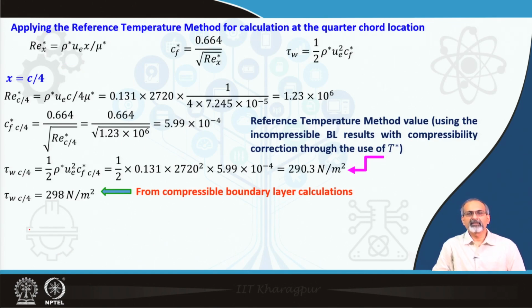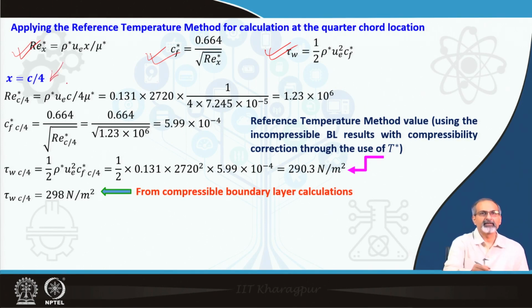Applying the reference temperature method for calculation at the quarter chord location, we have this definition of all these parameters, the Re x star, the Cf star, the tau w, etc. Remember that all these values are actually going to be adjusted with respect to the T star that we have estimated already, and then based on that we calculate the Re value, for example, at the quarter chord location to begin with.